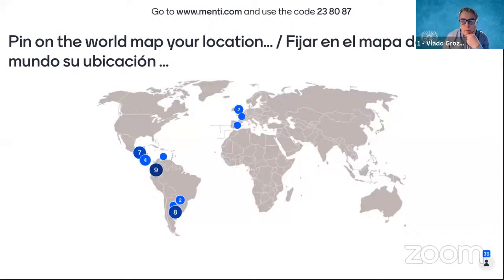There are some people from Europe, Spain, France. Most of them are in Latin America, from Argentina, Ecuador. Okay, Mexico too.